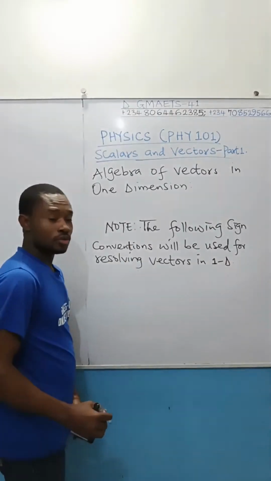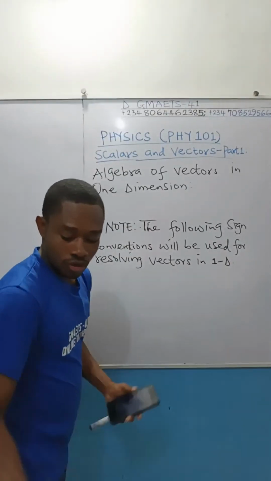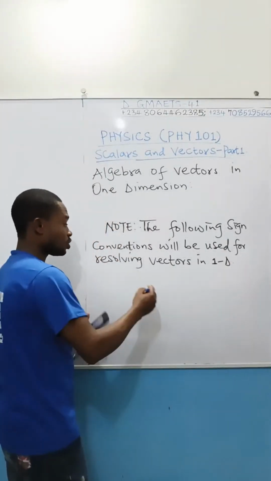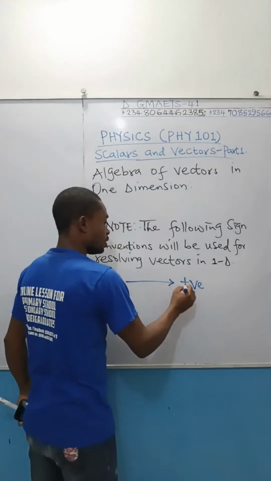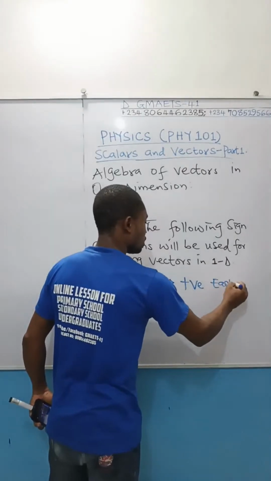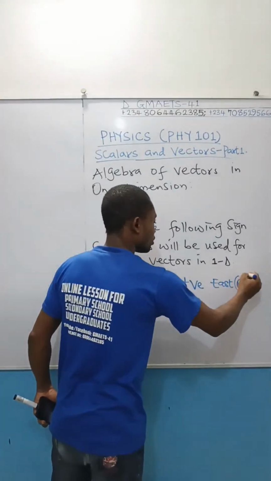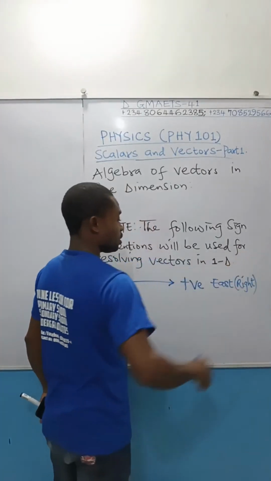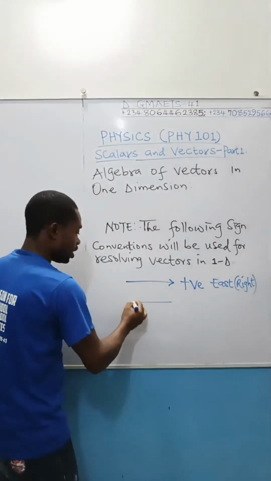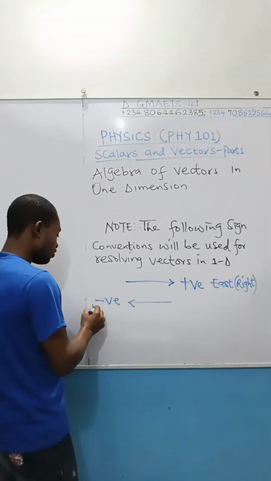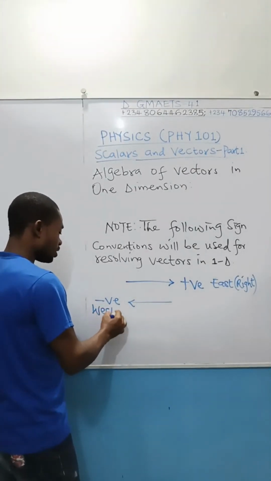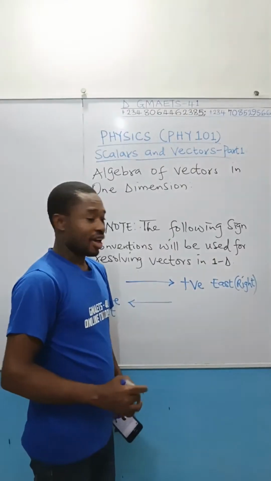So what are the rules? Okay, now I am going to move eastward. Eastward will be positive. So east, or right, because our right direction is taken to be east. Then we have negative. Negative will be west, or the negative x-axis.